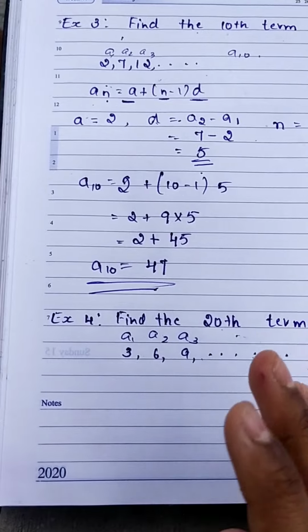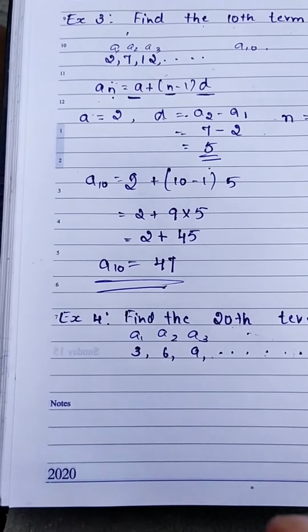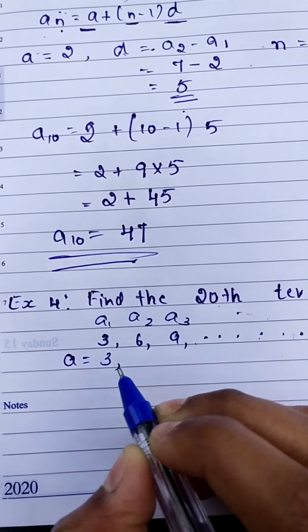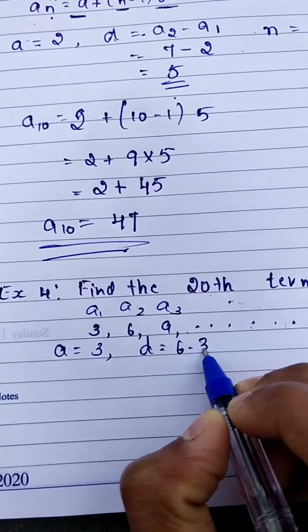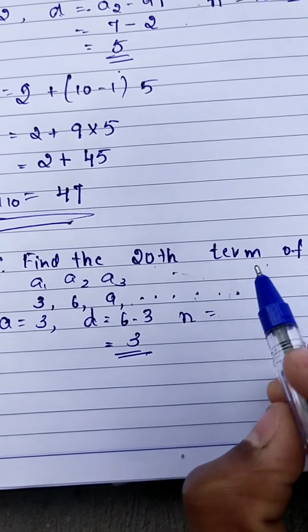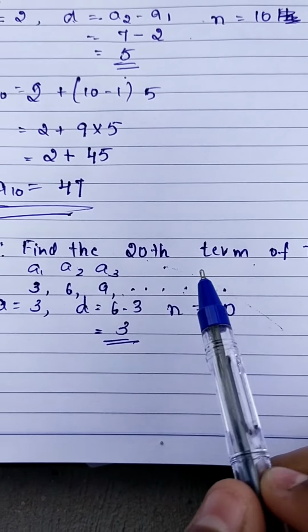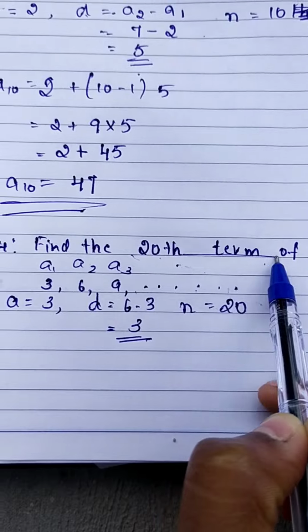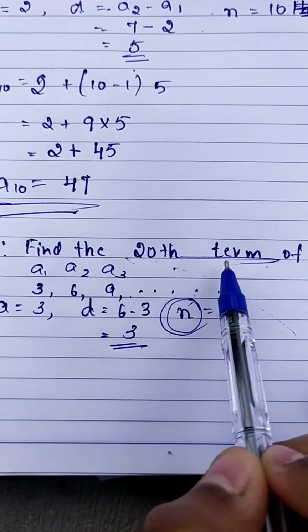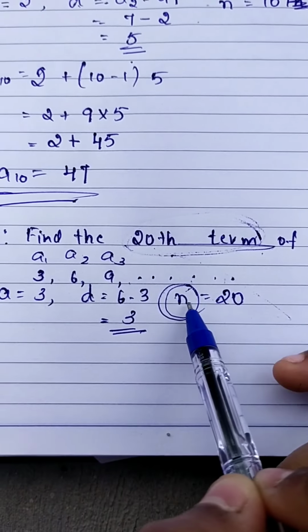You need to know a, d and n. a is 3, d is 6 minus 3, the common difference, and n is 20, since they have already given the 20th term.